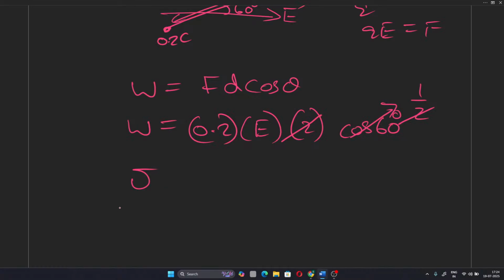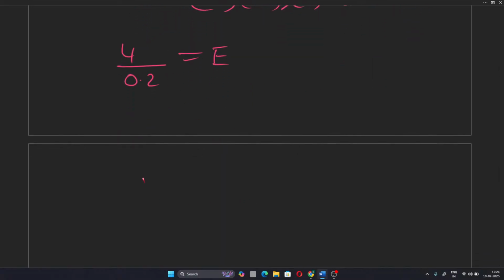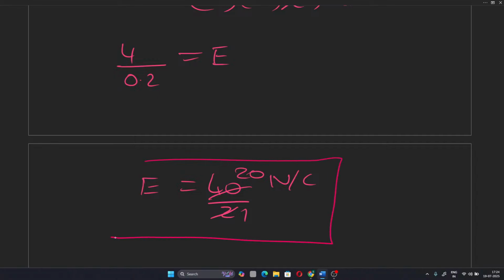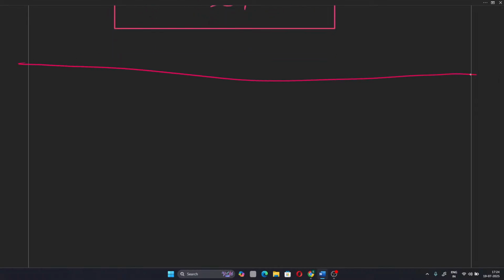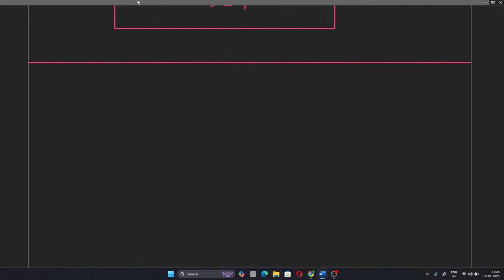Work done is 4 joule, so 4 by 0.2 equals electric field, and electric field is 40 by 2, which is 20 Newton per coulomb. Final answer is 20 Newton per coulomb. Let's go to the next question.